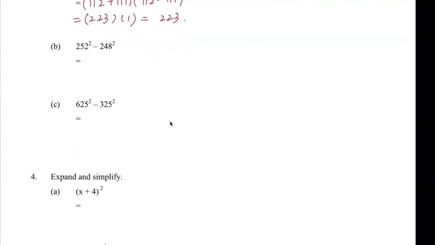252 squared minus 248 squared. This can be written as 252 plus 248 times 252 minus 248. 252 plus 248 is just 500.